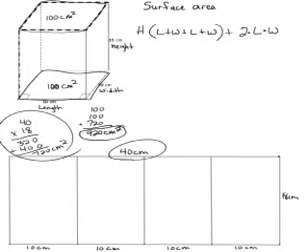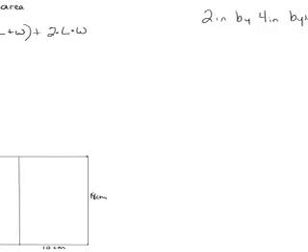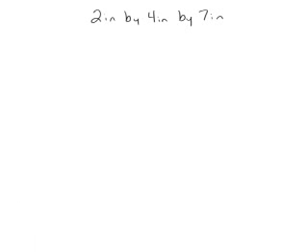So let's see if we can do it without the picture this time. Okay, so if I have a box that's 2 inches by 4 inches by 7 inches, I'm going to say that my length is 2 inches, my width is 4 inches, and my height is 7 inches.